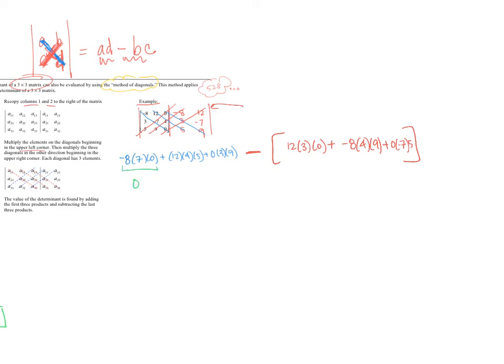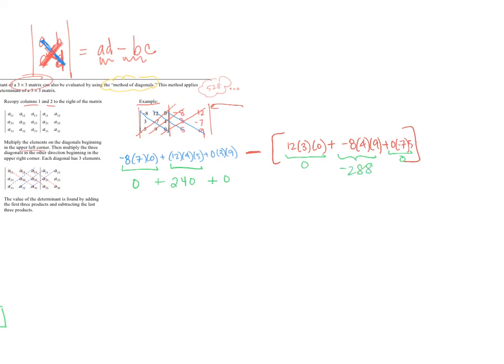This will become a 0. This guy right here, we have 12 times 4 times 5. That'll be 240. And then we have 0. Now on the other side, that's a 0 and that's a 0. So right here we have negative 8 times 4 times 9, which will be negative 288.